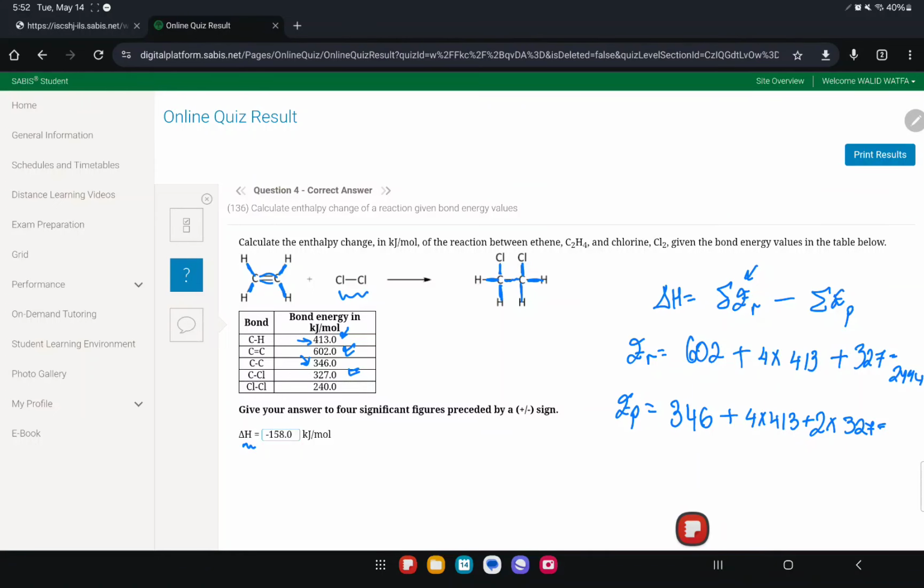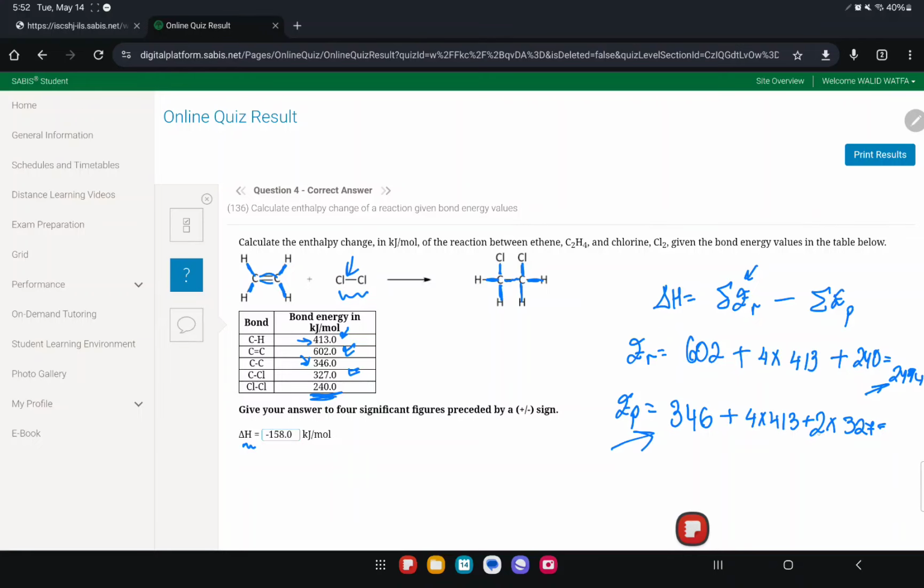Oh, wait, the one above wasn't plus 327, my bad. Anyway, you still get 2494 as the initial. Let me go back to the products, I'm losing track.